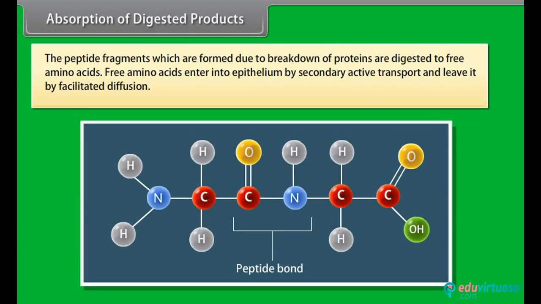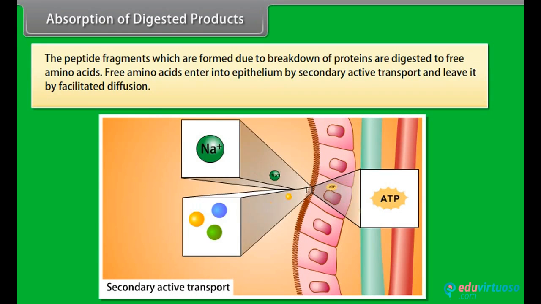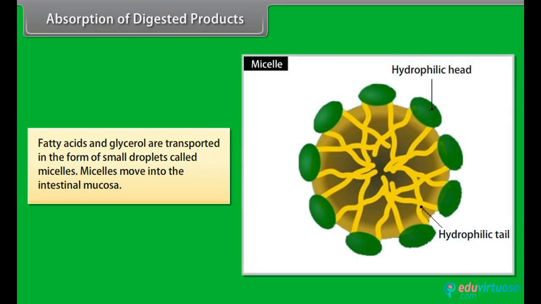The peptide fragments which are formed due to the breakdown of proteins are digested to free amino acids. Free amino acids enter the epithelium by secondary active transport and leave it by facilitated diffusion. Fatty acids and glycerol are transported in the form of small droplets called micelles.